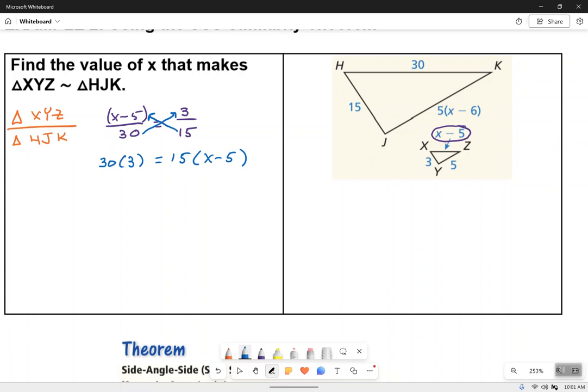Kids, help me out. What's 30 times 3? So I've got 90 equals 15 times (x minus 5). Okay, could I divide both sides by 15 now? What would the 15s do to each other? Anybody know what 90 divided by 15 is?